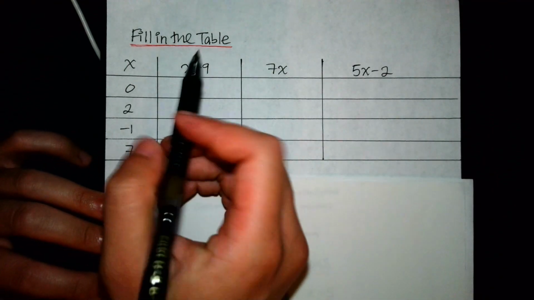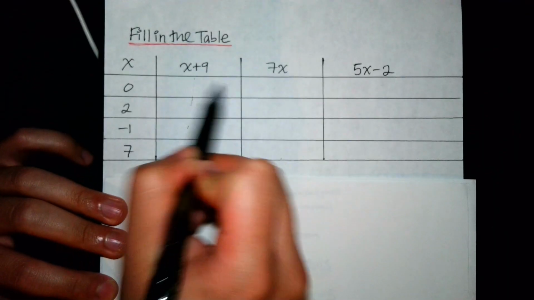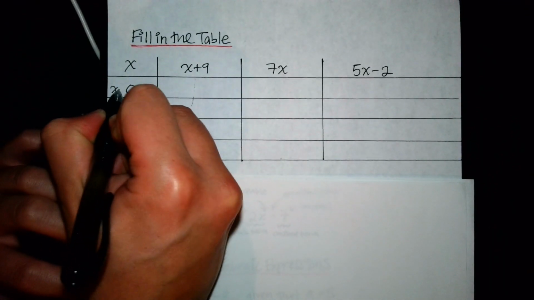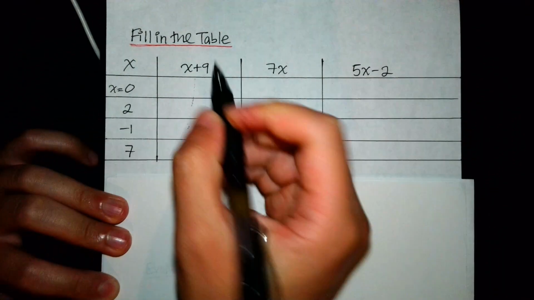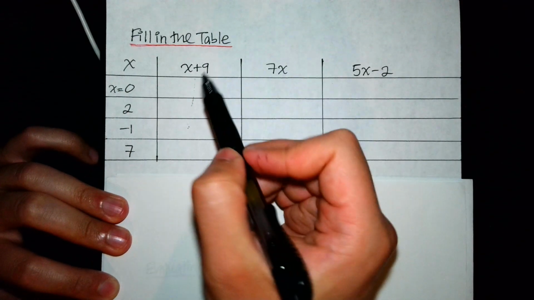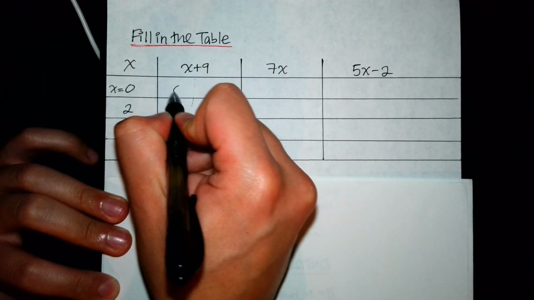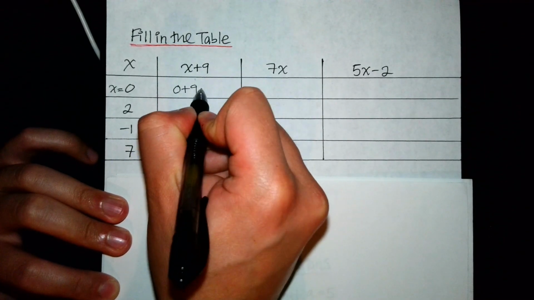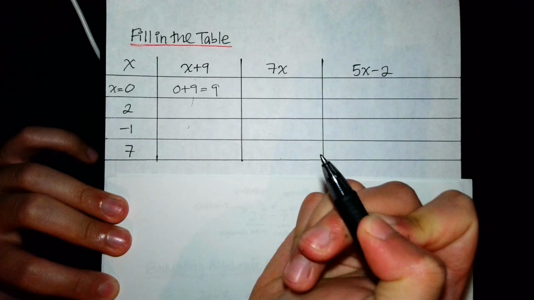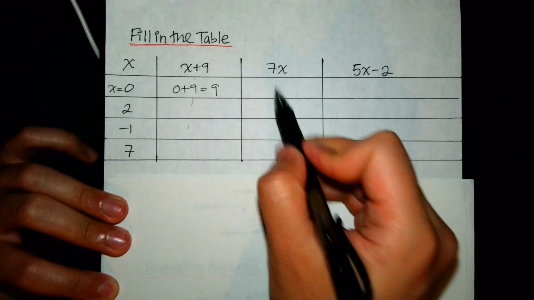In this second row here, we have x equal to 0. All we have to do is replace this x with 0. So it'd be 0 plus 9 gives us 9. We move on to the next column.